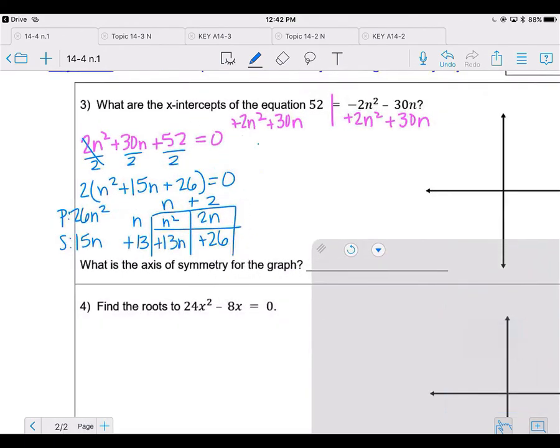So my factors are n plus 2 and n plus 13 equals 0. So I am done factoring. From here, I take each factor, set it equal to 0, and solve.